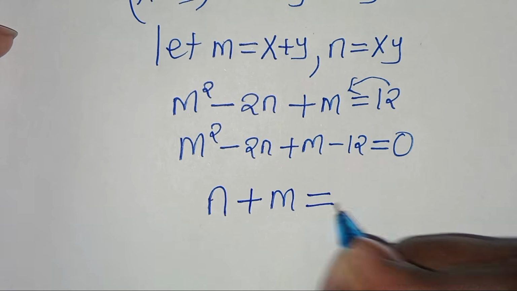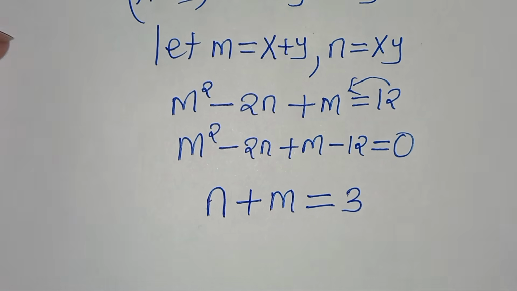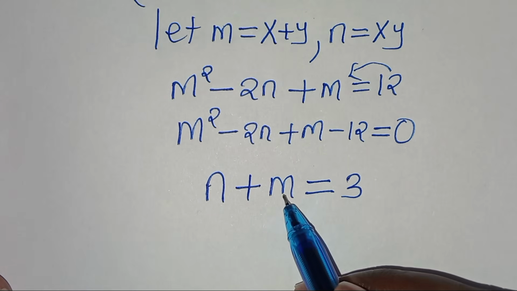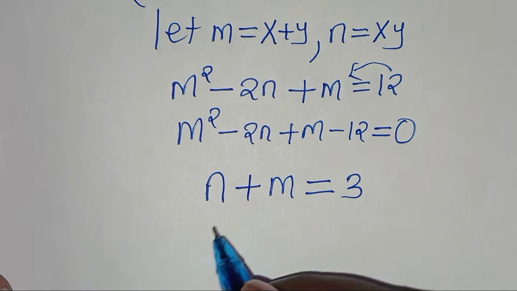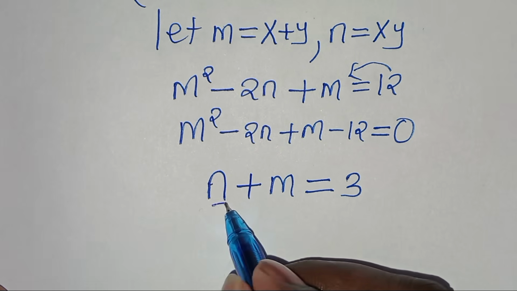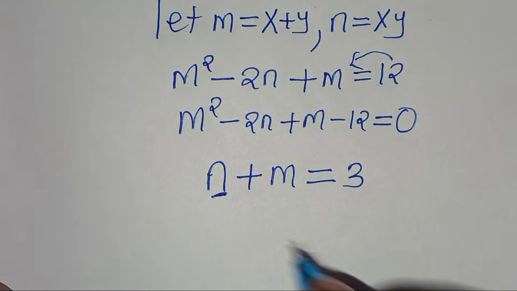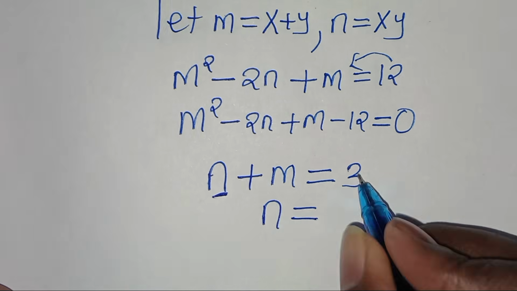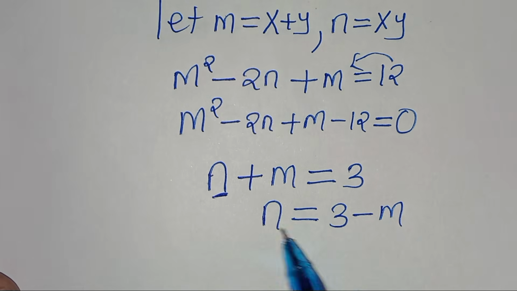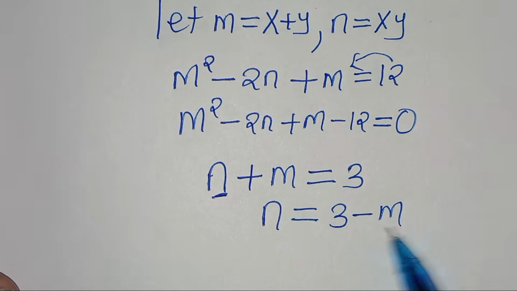This is equal to 3. So in this case, we can make n the subject of the formula, so that we have n is equal to 3 minus m.